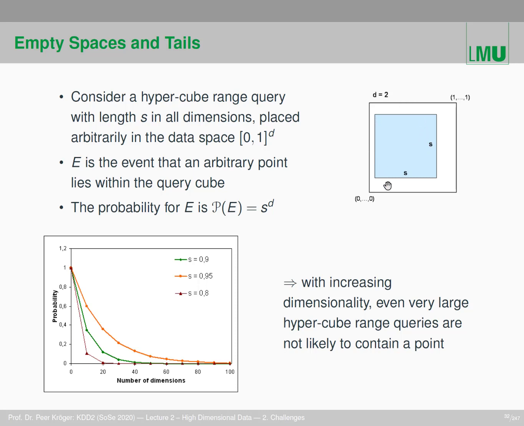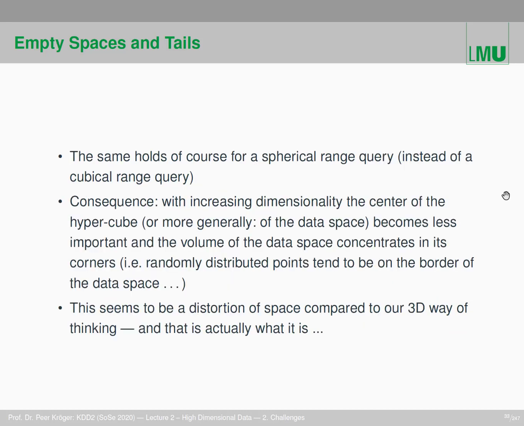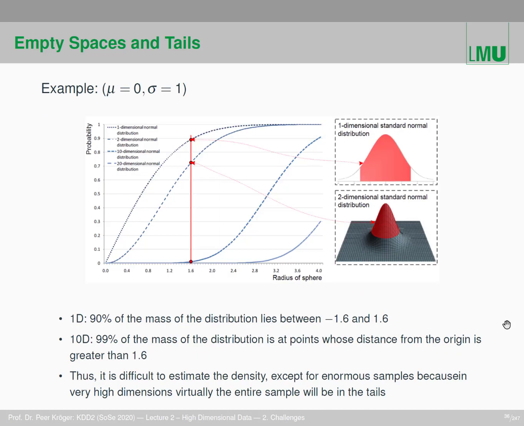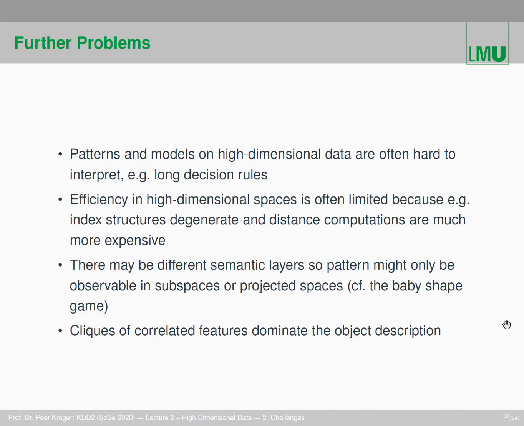So the probability that the points just gather around at the borders of the data space is very high in high-dimensional spaces. That means that this traditional Gaussian curve does not hold anymore in high-dimensional spaces, but we will see a lot of things down here at the tails of the original Gaussian distribution. That was this observation here.